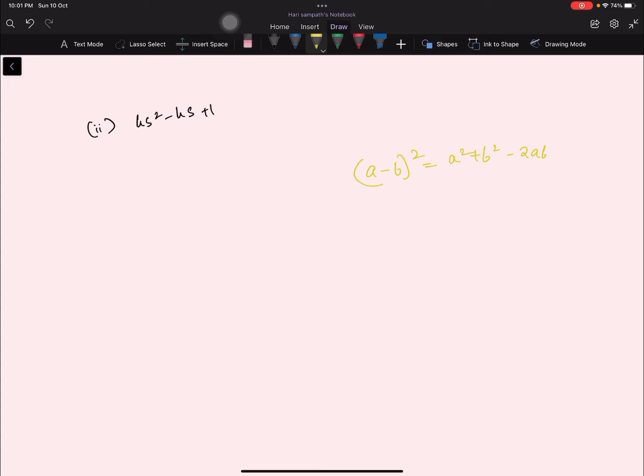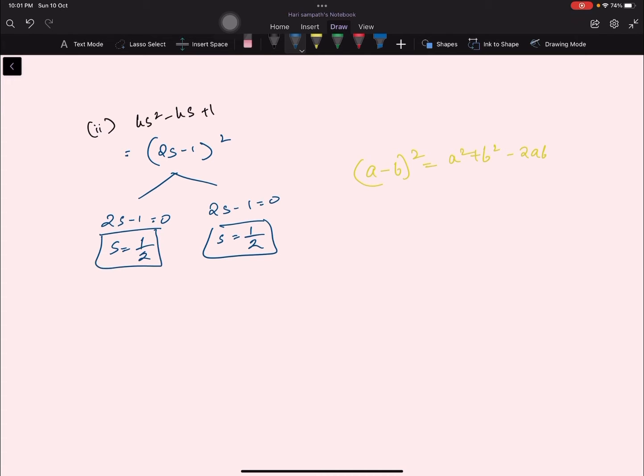You should actually check for these at the start of the sum. That will make these a lot easier, and it will become (2s minus 1) square. So 2s minus 1 equals 0 and 2s minus 1 equals 0. So s is equal to half and s is equal to 1 by 2. This will be the answer.